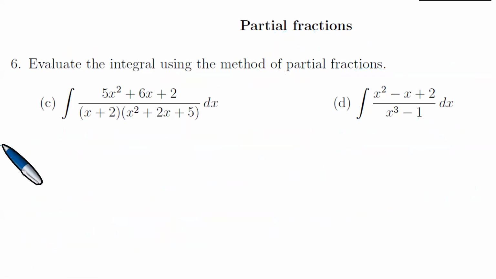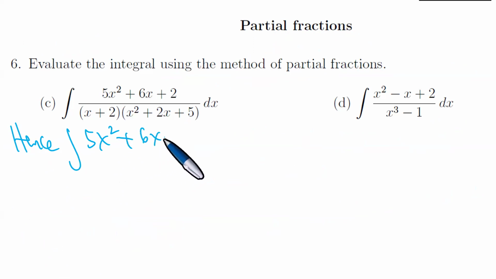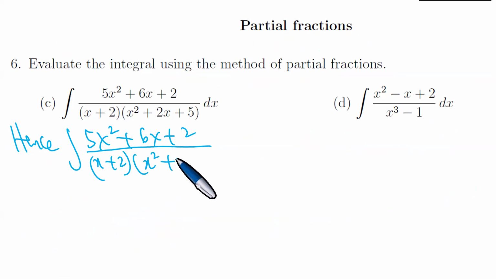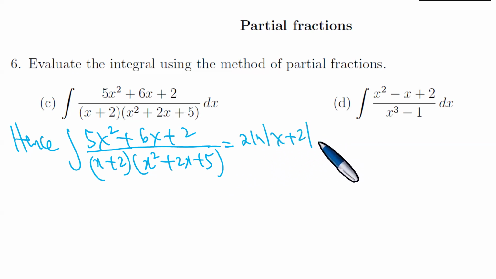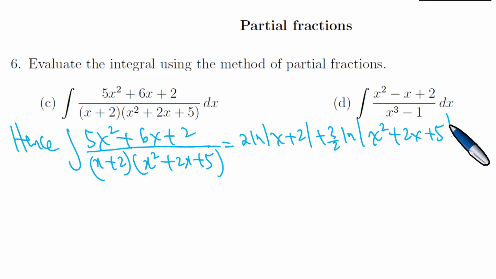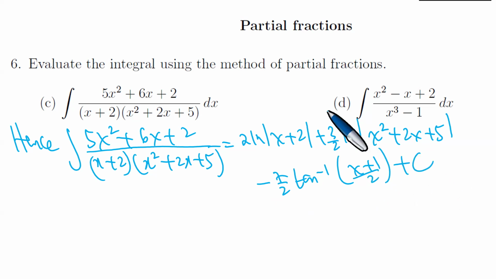By dint of what we've said now, it means, therefore, that we can say hence the integral of 5x squared divided by x plus 2 times x squared plus 2x plus 5, and then it is exactly with this, plus 3 out of 2 the ln of the modulus of x squared plus 2x plus 5, minus 7 out of 2 the arctangent of x plus 1 out of 2, plus c. Okay, check this out.